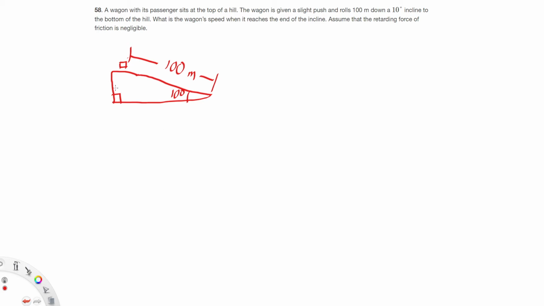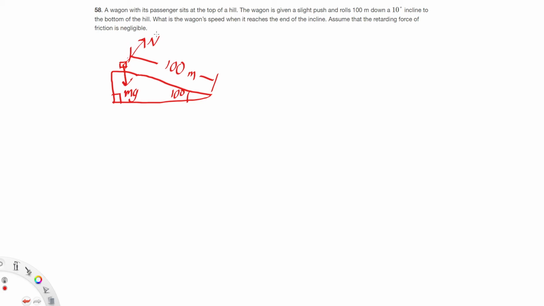Well, there's a couple ways we could go about this. If we really wanted to, we could brute force it with Newton's second law. We could do a force diagram for a box on a hill, and we could realize that part of the weight of the box is pulling it down the hill, part of it is pushing it into the hill.